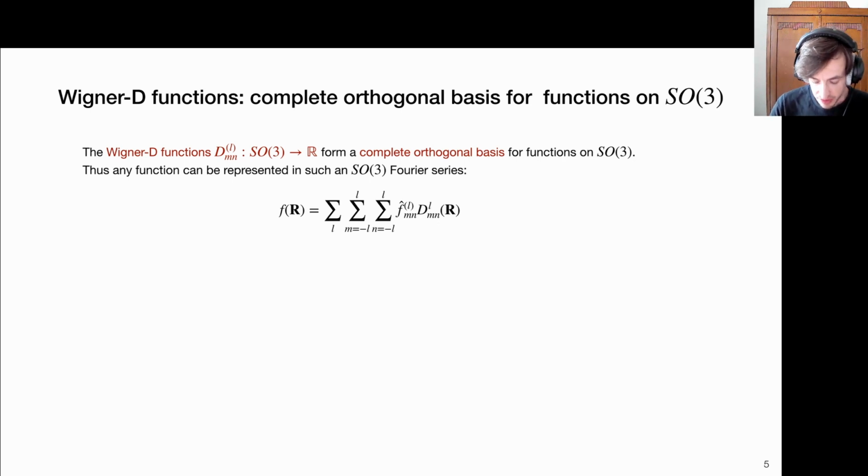All right, we had all these different irreducible representations indexed with their type or frequency index L, and they were 2l plus 1 dimensional matrices. So we run the M index from minus L to plus L, and also N from minus L to plus L. So these sums run over all possible Wigner-D functions, over all possible orthogonal functions on SO3.